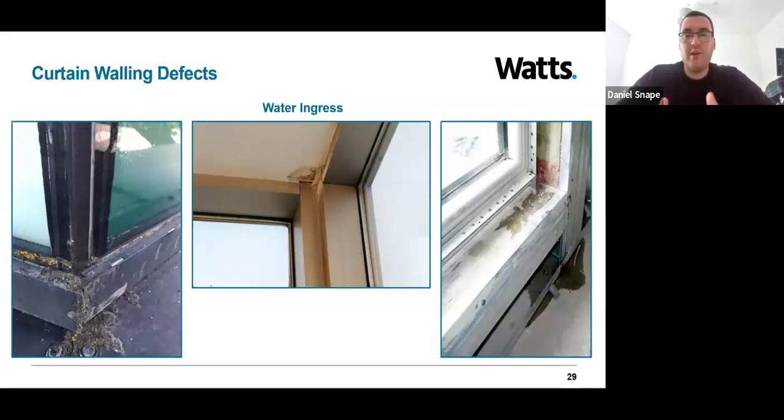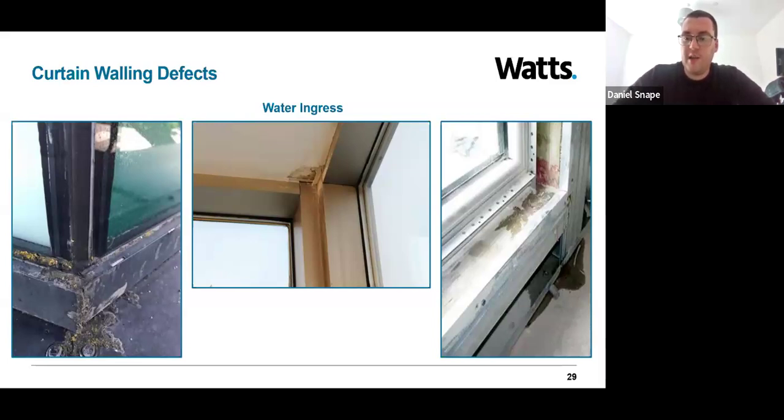If the curtain walling system isn't installed correctly, it may not be able to provide the required level of protection against water ingress. Poorly installed flashing, sealant or weather stripping can also contribute towards these leaks. Another reason could be insufficient or improper maintenance.